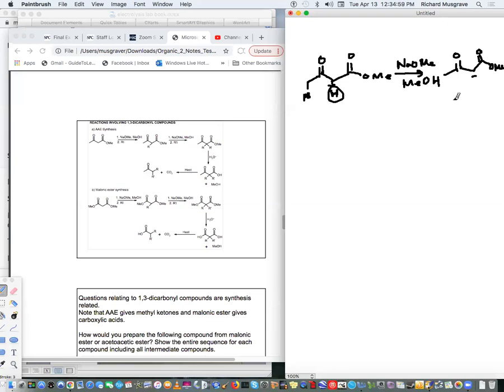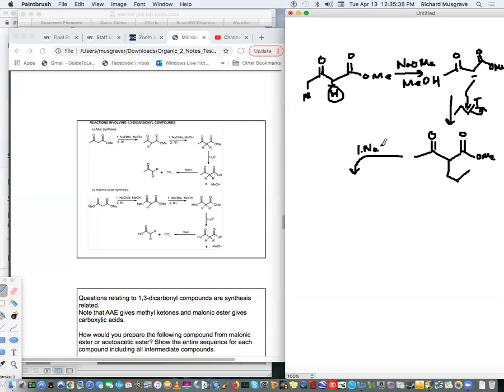In the next step, we can add any alkyl halide. It could be an iodide, it could be a bromide, or anything you want here. And that'll be the first step. It will allow you to put that entire alkyl group off the middle, like that. And then we can repeat the same process. So I split that up into two steps.